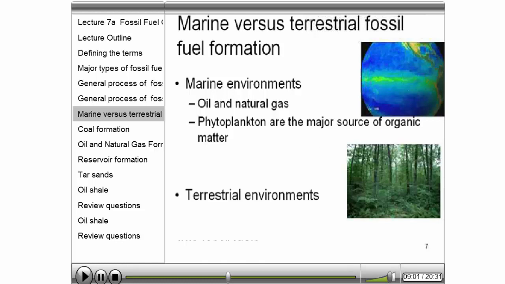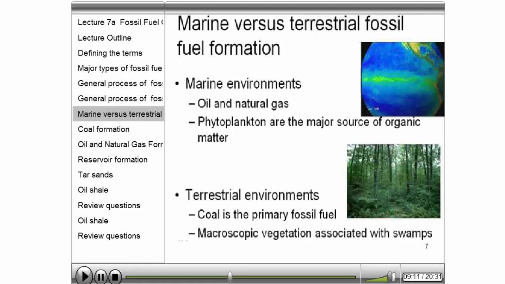In terrestrial environments, you have a different form, and primarily it's coal is formed under terrestrial source conditions. And it's macroscopic, large vegetation associated with swamps and forests that occurred.